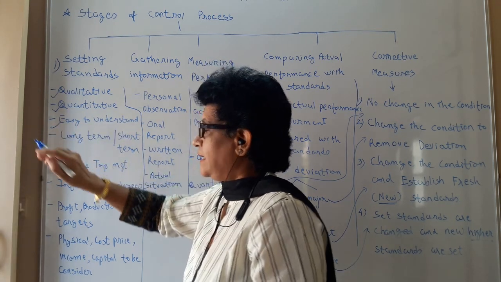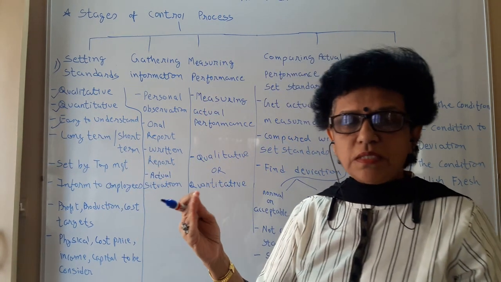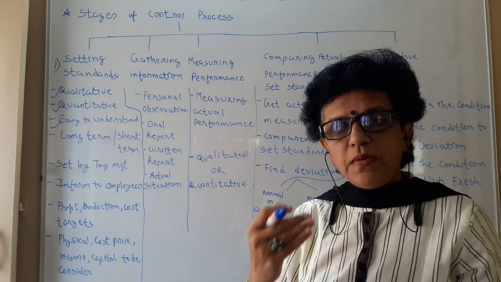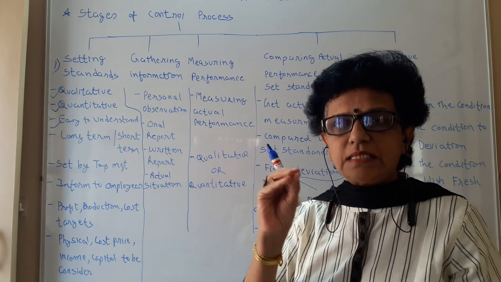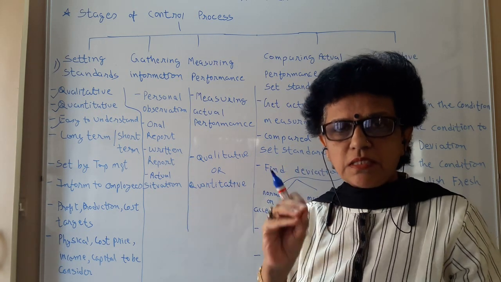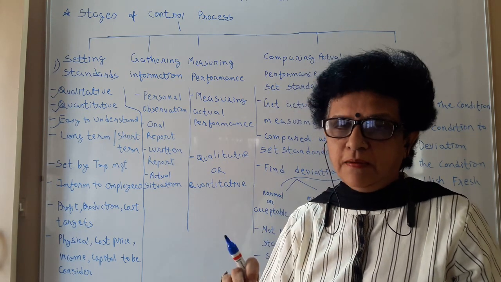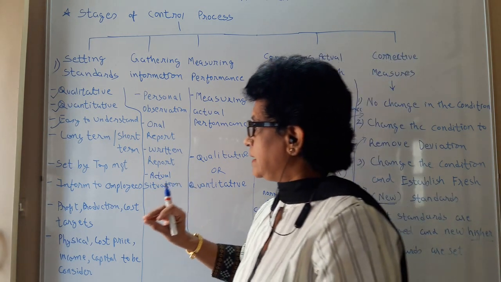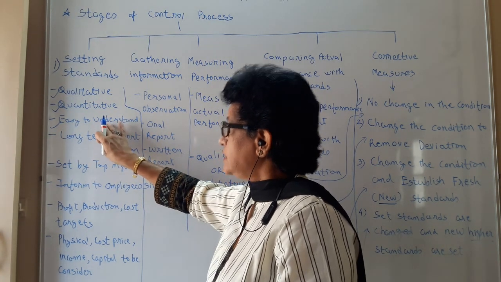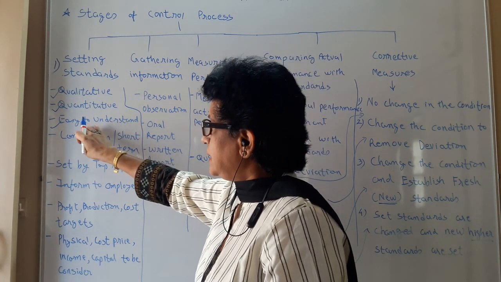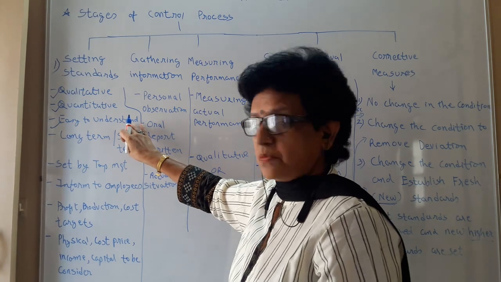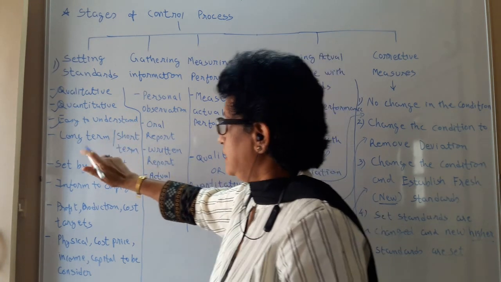Easy to understand. Top management is going to set the standard. What you mention must be easy in language. It must be easy for subordinates and employees to understand. So for understanding the whole point, easy understandability must be there in your set standard.